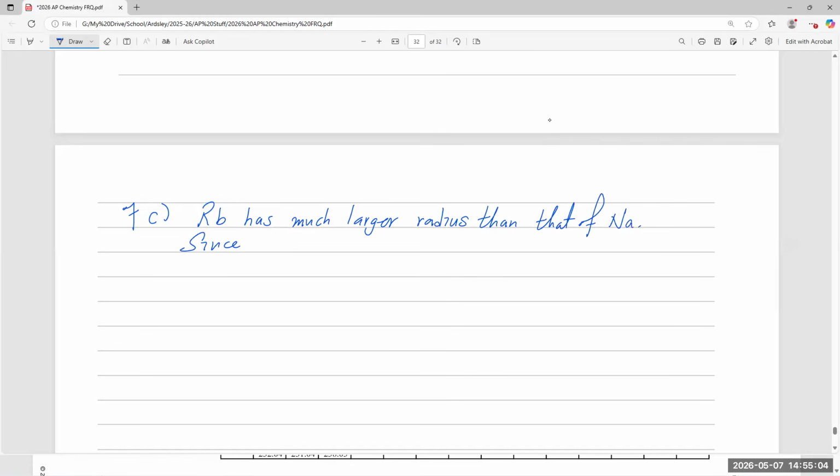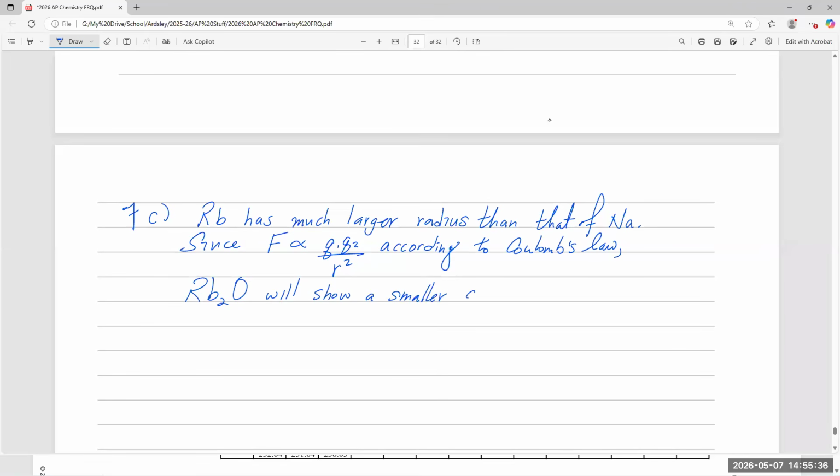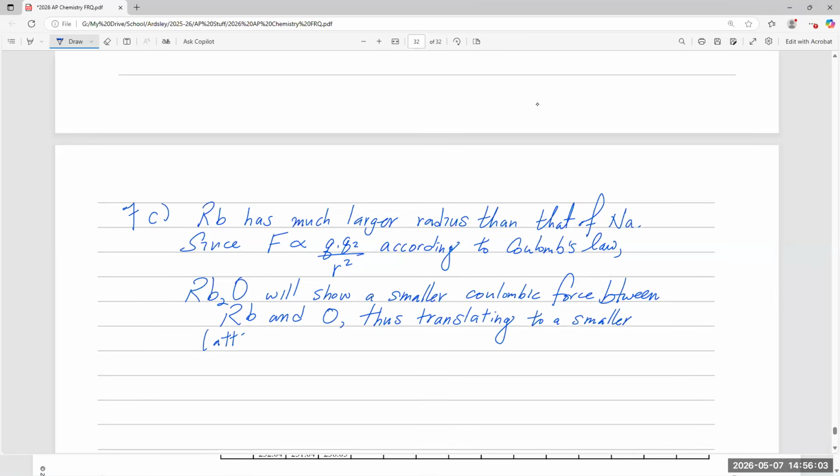Since F is proportional to Q1 Q2 over R squared, according to Coulomb's law, rubidium oxide will show a smaller Coulombic force between Rb and O, thus translating to a smaller lattice energy. And we are done.